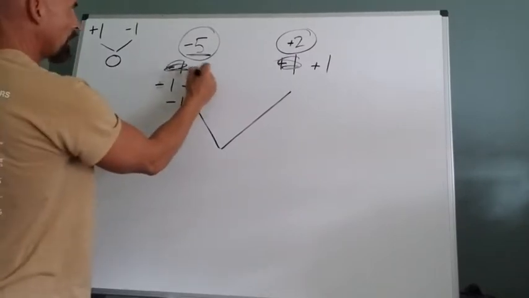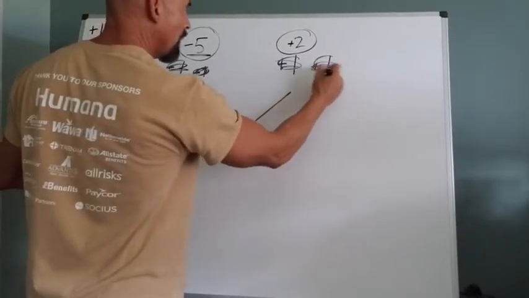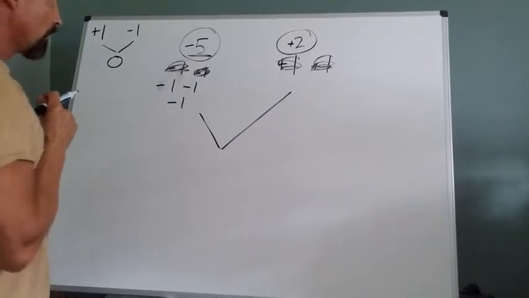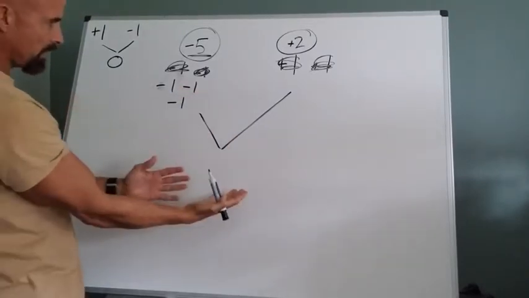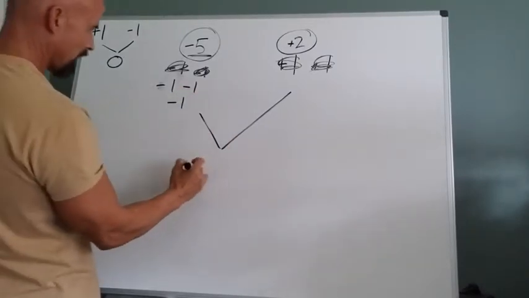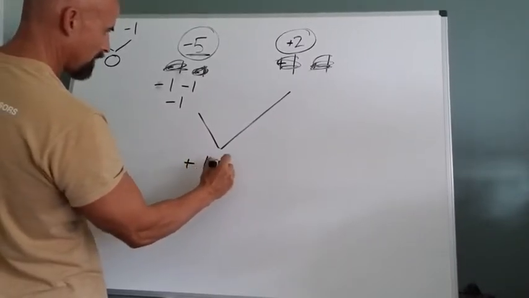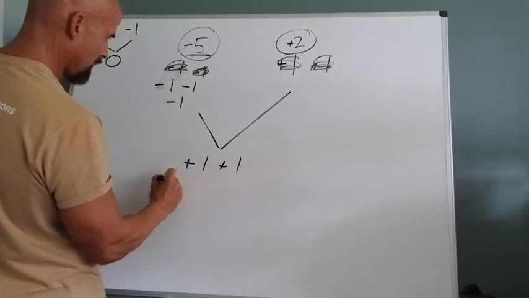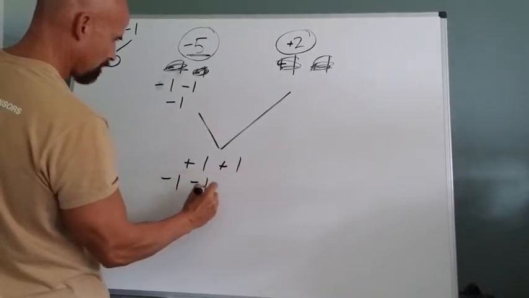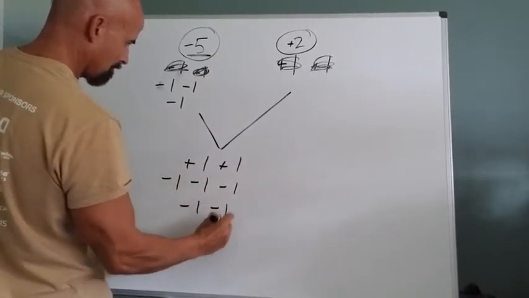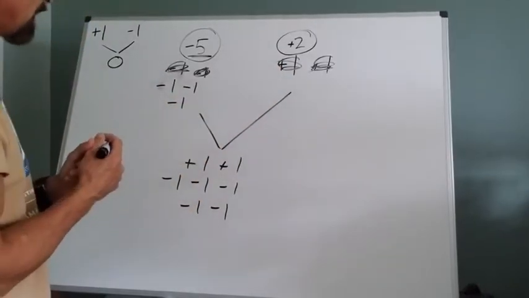Then another one of these cancels out with another one of these. So now all I have left in this pile, actually, I could have written them all down here. Positive 1, positive 1, and then I had all these negative ones in the same pile. So again, I just pushed them all into one pile together.